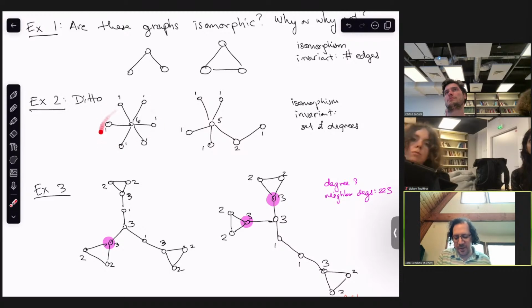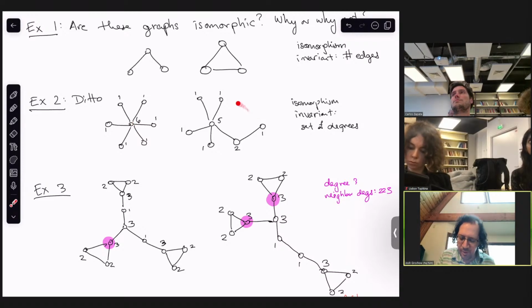Over here, it's already stabilized. A vertex has degree 1 if and only if it has exactly one neighbor of degree 6, so that color class isn't going to change when you refine. Same with degree 6: there's only one vertex of degree 6 and it has 6 neighbors of degree 1. When you refine, it's still the only vertex in its color class.